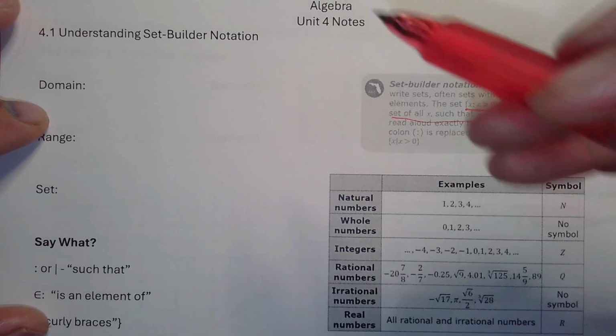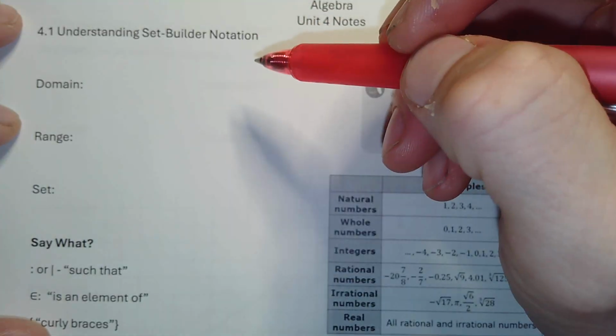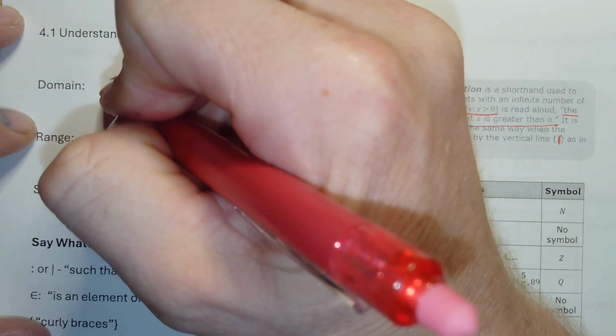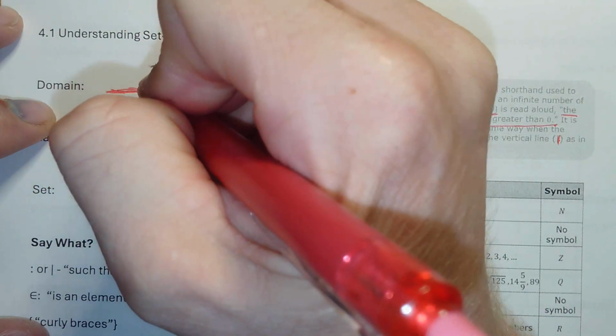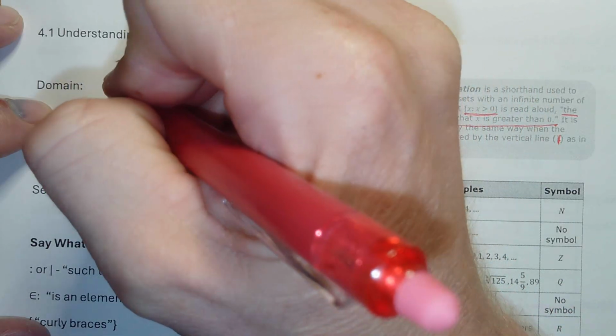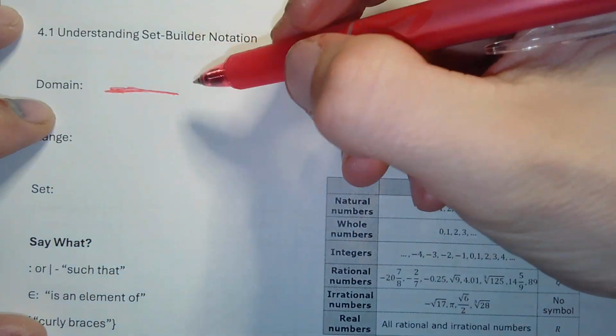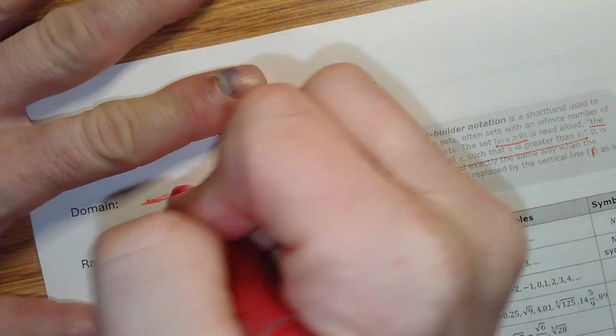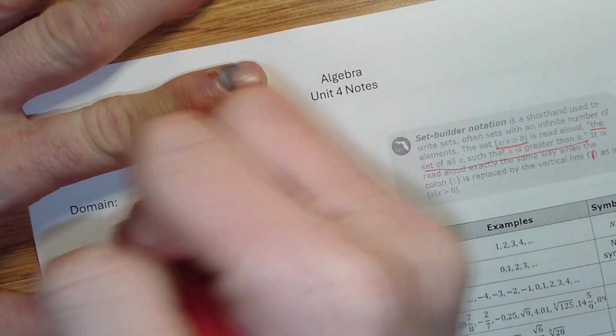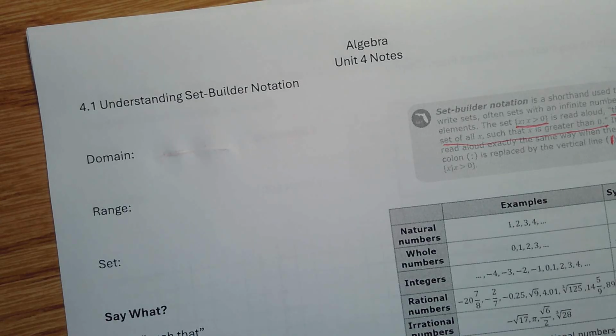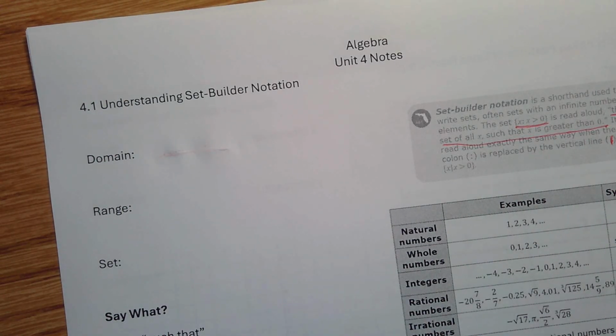All right, so let's again talk about the domain. Remember, domain is all values of our left and right axis, typically x, where x can live. Sometimes it's infinitely many x values, left and right. Sometimes it's just a finite number of numbers.